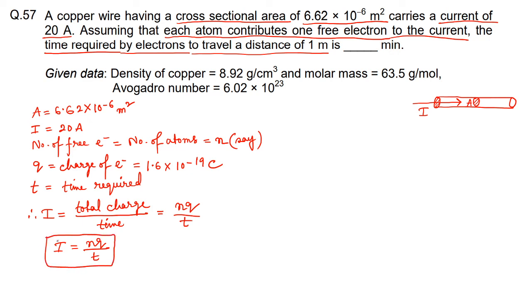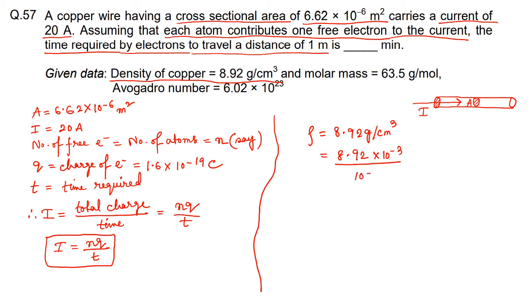Remember, this is small n. Now next given is the density of copper, 8.92 gram per centimeter cube. Let us take the density of copper as rho. So rho equals 8.92 gram per centimeter cube. We can write this as 8.92 into 10 to the power minus 3 by 10 to the power minus 6 kg per meter cube.